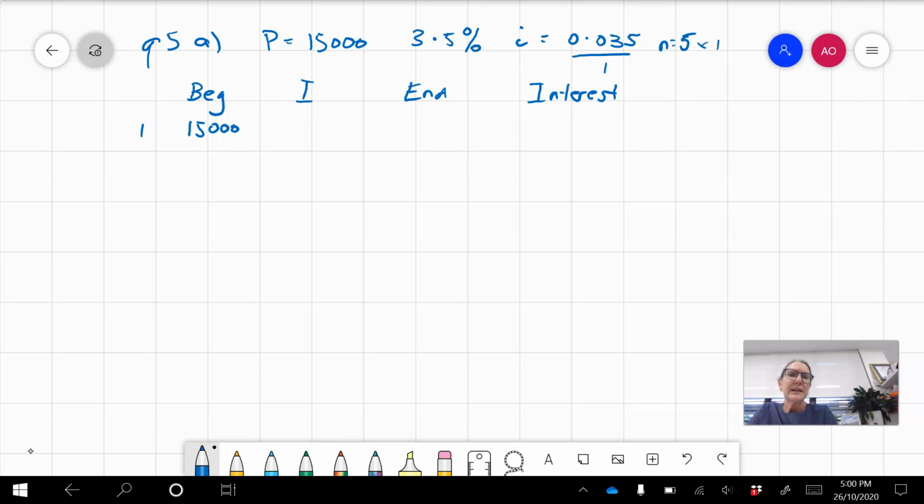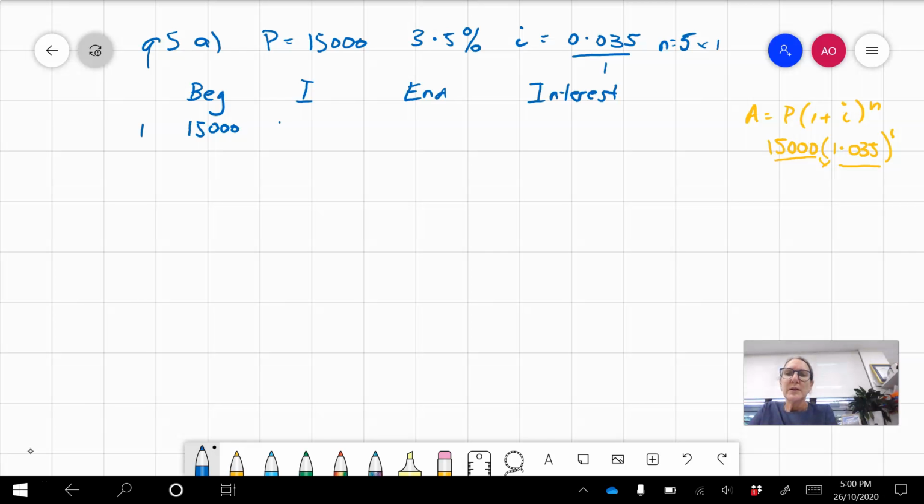If I make a little note off to the side, A equals P(1 plus i) to the n, and I want to know how much is left, I'm going to go 15,000 times 1.035, and the n, in this case, is only 1 year, so we put a little 1 up the top. Can you see that here I'm just doing 15,000 multiplied by 1.035.